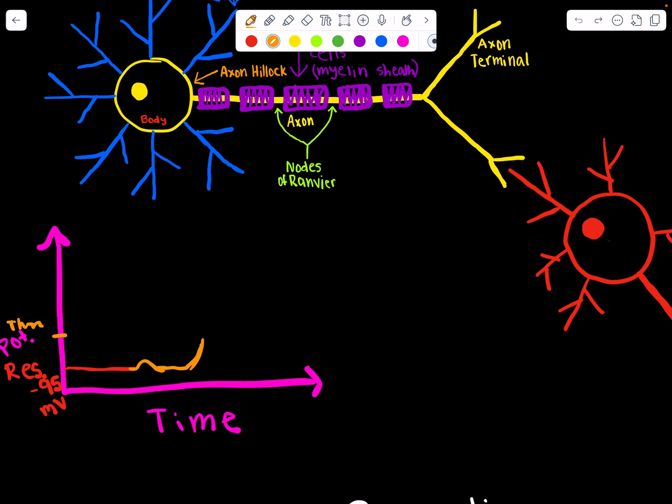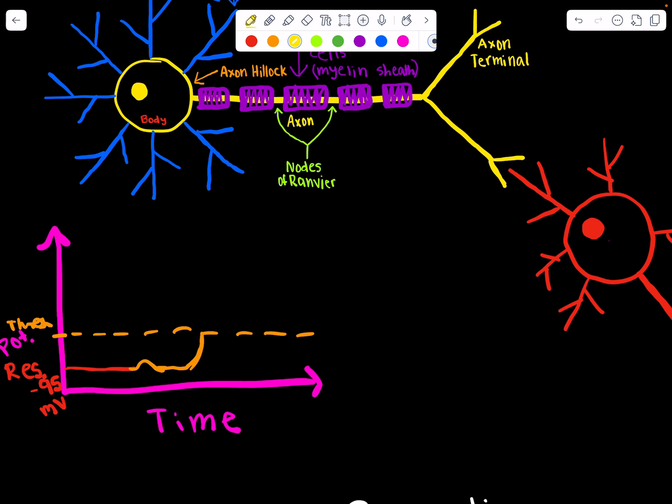The threshold is this dotted line. The threshold is super important because if it passes the threshold, it will enable the action potential to spread throughout the neuron. Third part, the action potential.